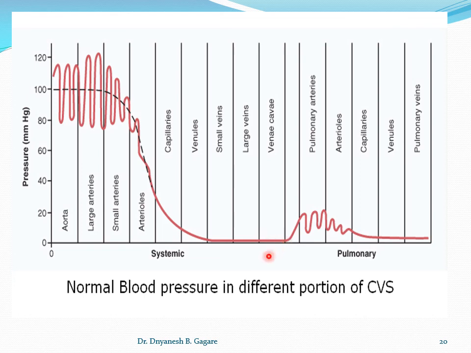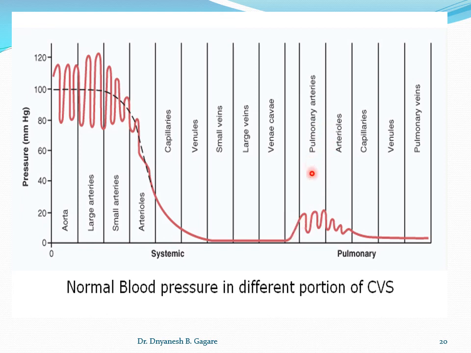Okay. Now, if you see the right side of the heart, the blood pressure in the right atrium is 3 to 5 millimeters of mercury maximum, and in the right ventricle, the maximum is 25 millimeters of mercury.